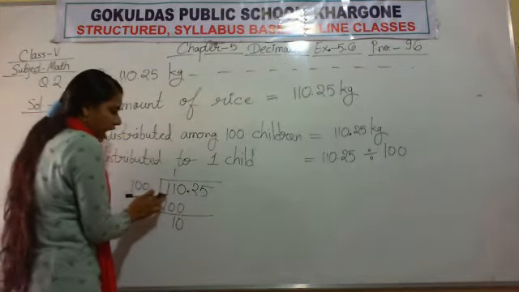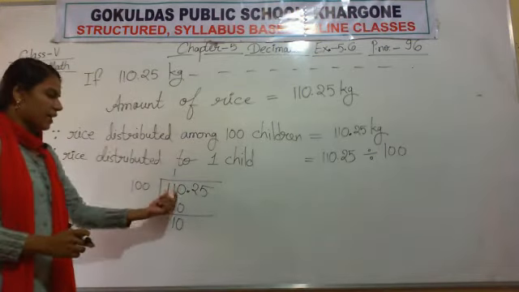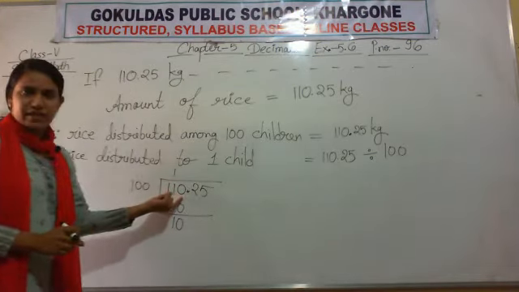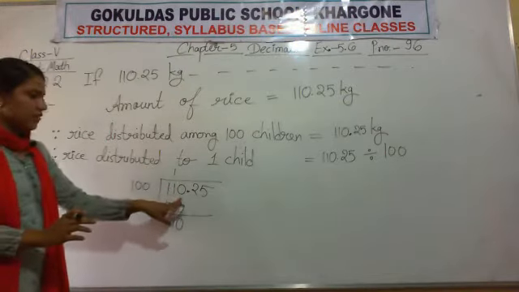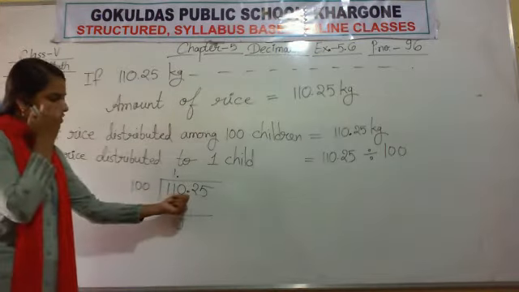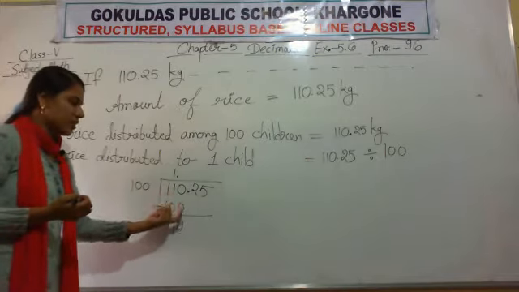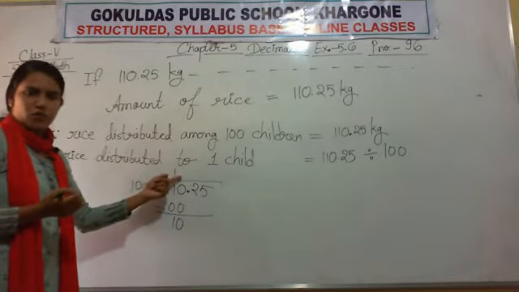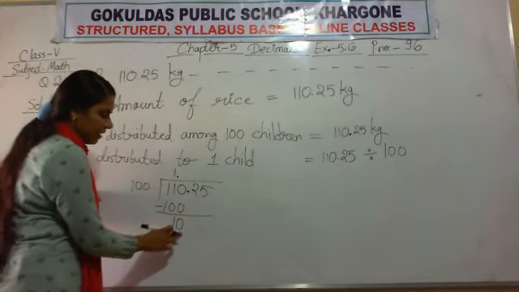Now, as after these 3 digits a decimal is there, and we have divided the first 3 digits, you need to put the decimal in the quotient.